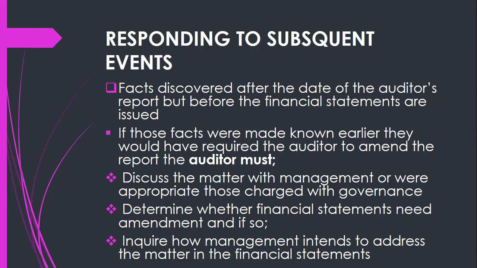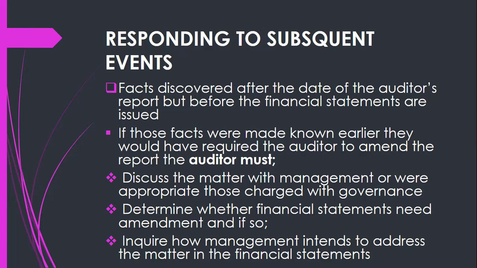For facts which are discovered after the date of the auditor's report but before the financial statements, for which, if the facts were made known earlier, they would have required the auditor to amend the audit report. Firstly, the auditor must discuss that matter with management or, where appropriate, with those charged with governance. So the first step is discussing with management.